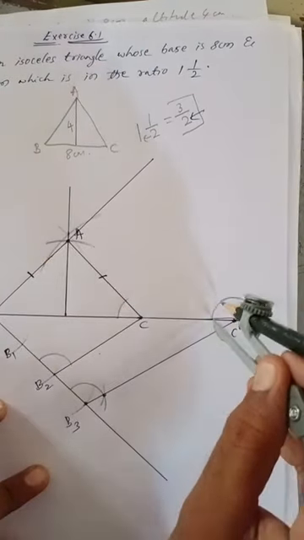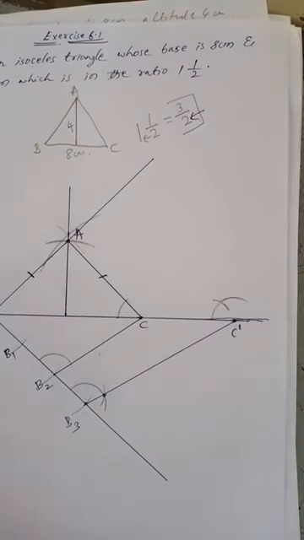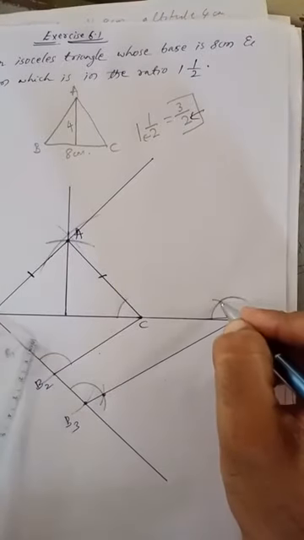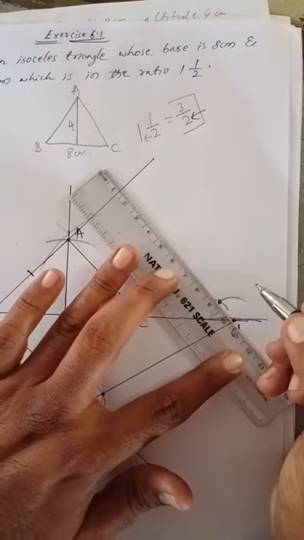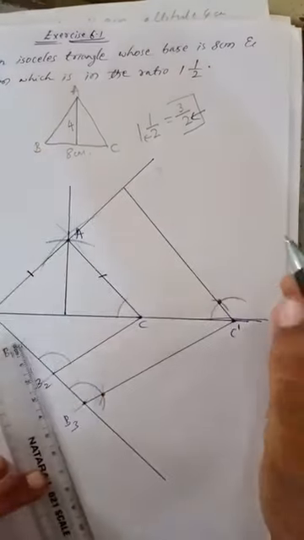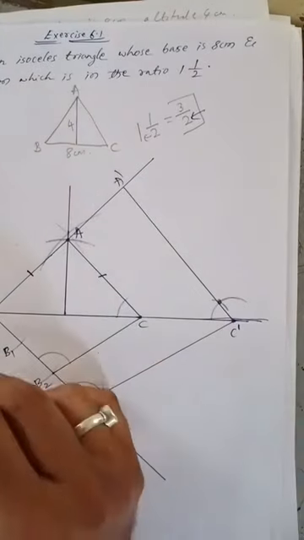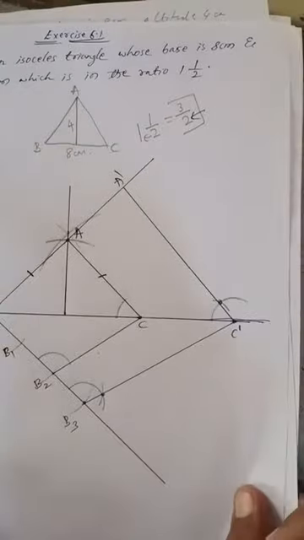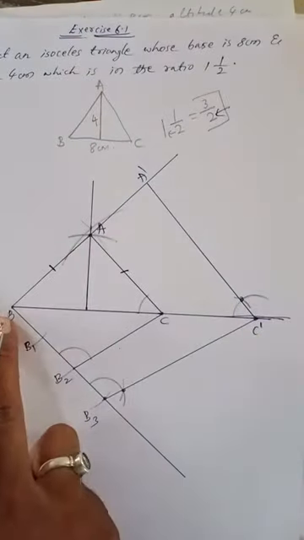Keep on this side and cut. We'll get a point here, that is this one. This point you need to extend onto AB. So this is your required triangle, that is A dash, C dash and B. Which is the required triangle here? A dash, C dash and B. So that's it.